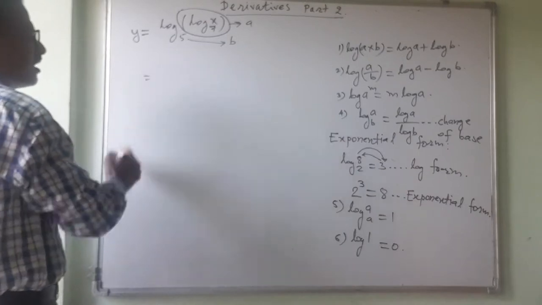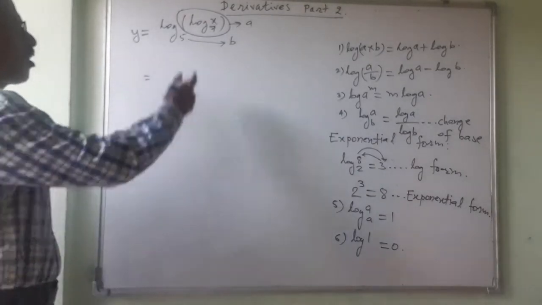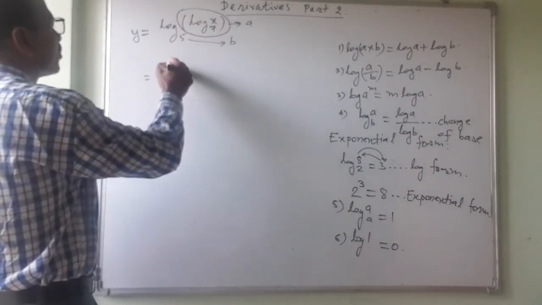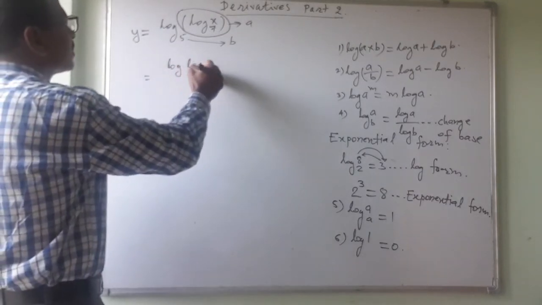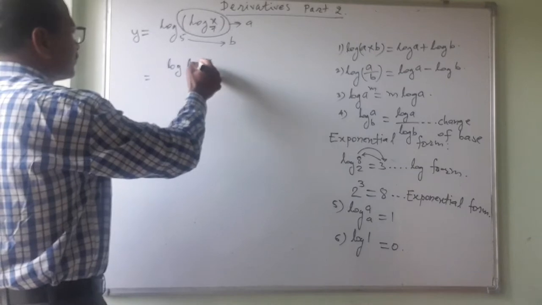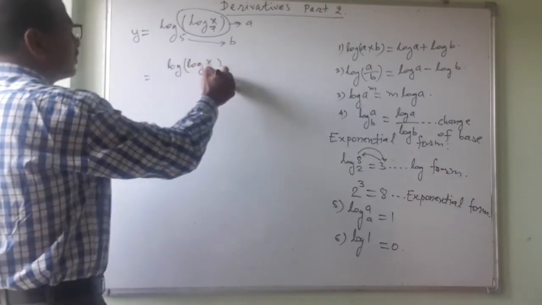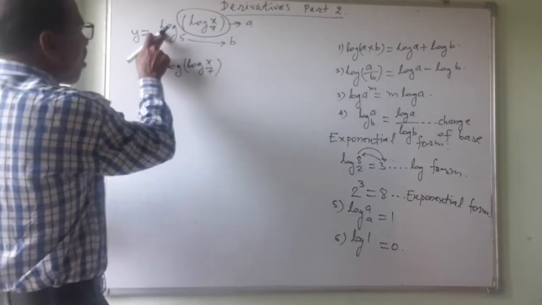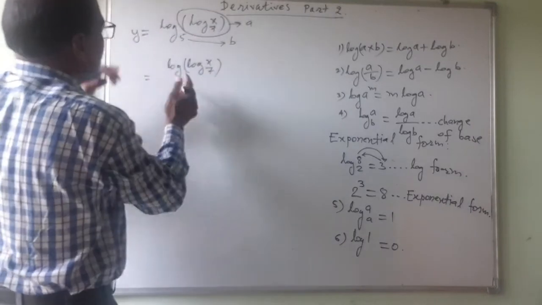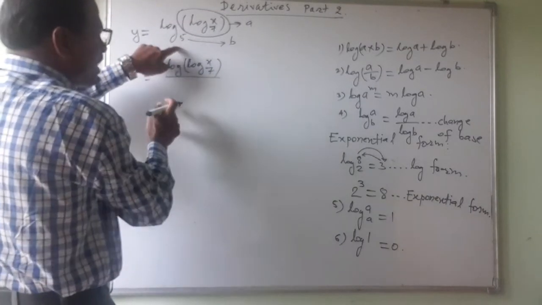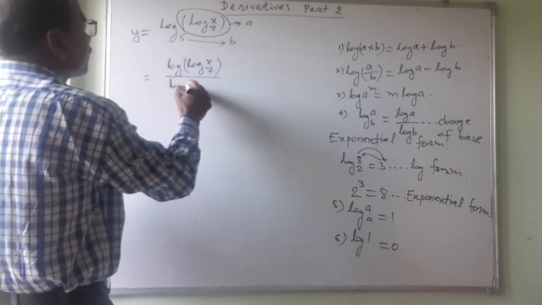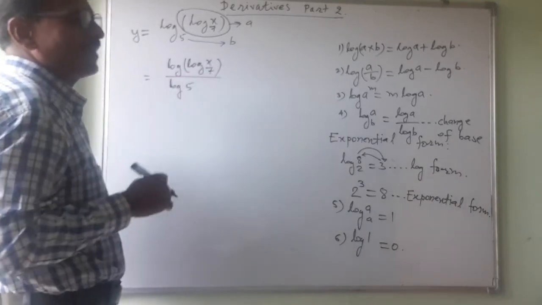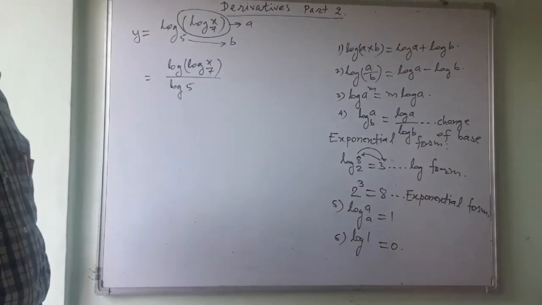So that is equal to log of a upon log of b. So log of a, what is a? Log x to the base 7. This is log of a upon log of b. What is b? 5. Log of b means 5. What is the base? My question is, what is the base?